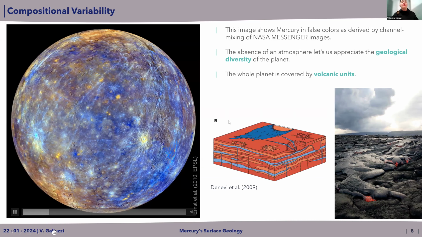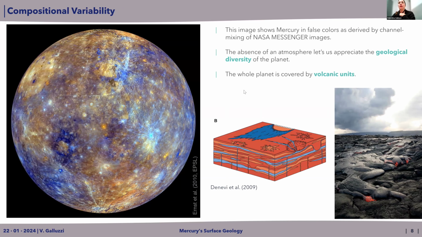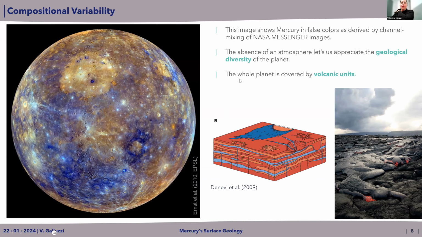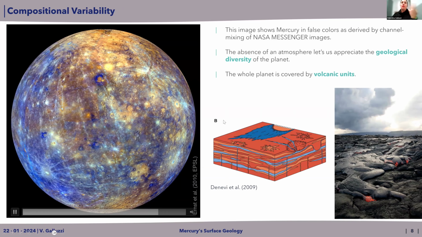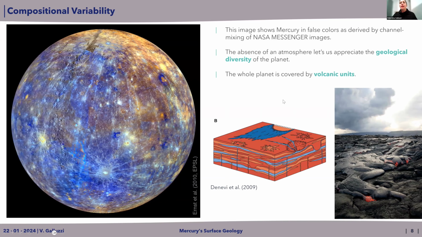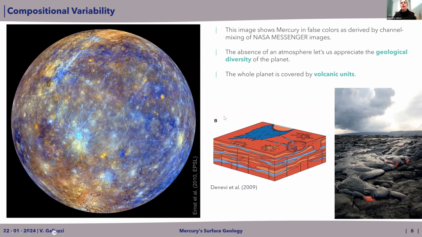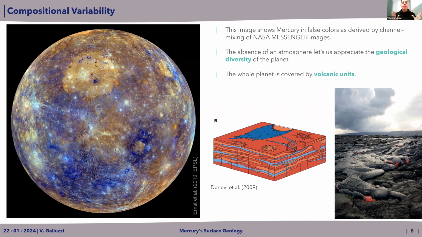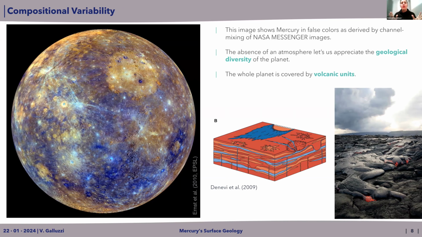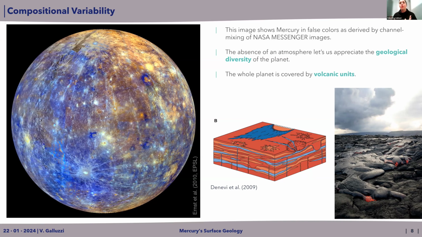So again, here you can see the surface of Mercury in its enhanced color, and this enhances the geological diversity of the planet. And as I said before, it's entirely covered by volcanic units, meaning that its crust is a secondary crust. It's not a primary crust as that of the Moon.